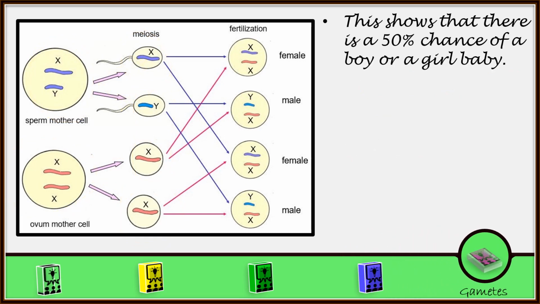This shows that there is a 50% chance of a boy or a girl baby.